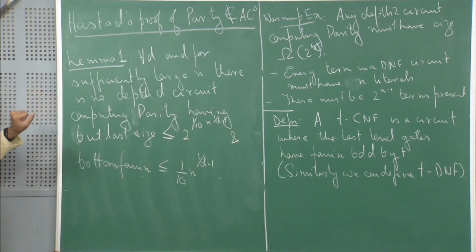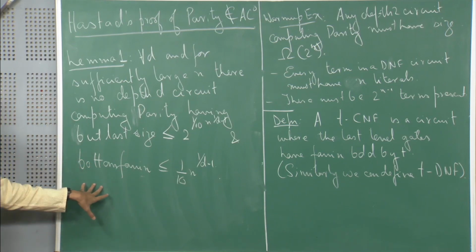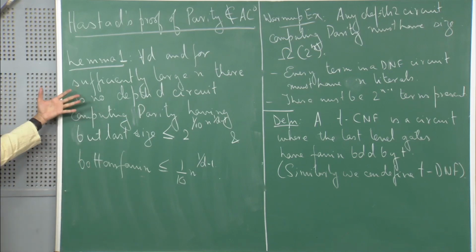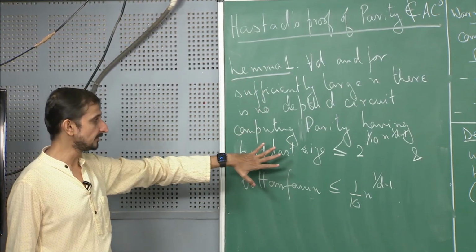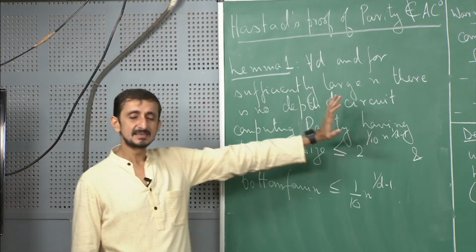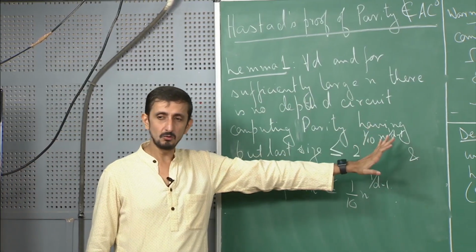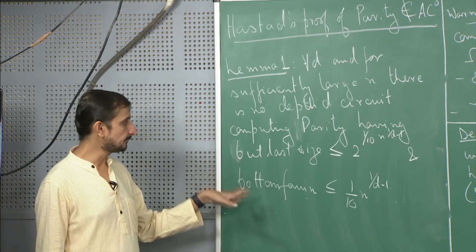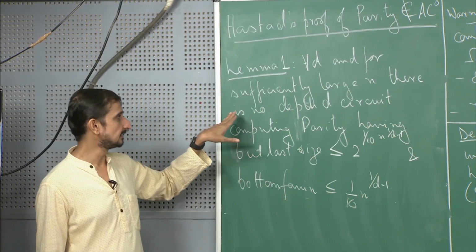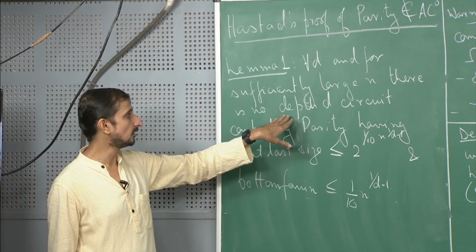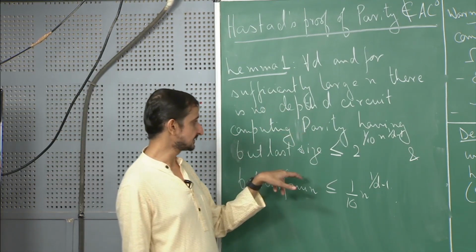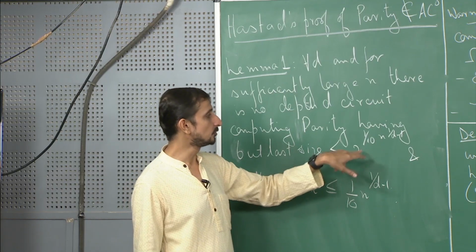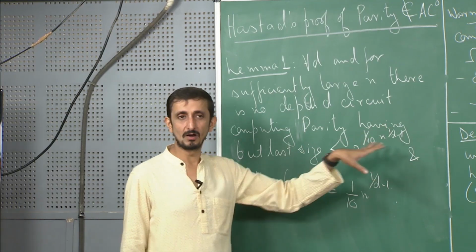I actually erased the previous theorem, but note that if I can prove this lemma, then I get a proof of the previous theorem. How do I get a proof of the previous theorem? Suppose this lemma is true. Now, look at the previous theorem that I stated: for parity there is no depth d circuit having size smaller than 2 to the power 1/10 n to the power 1 over d.